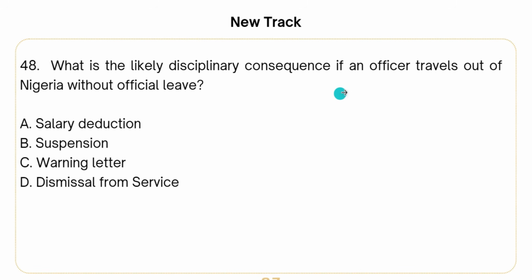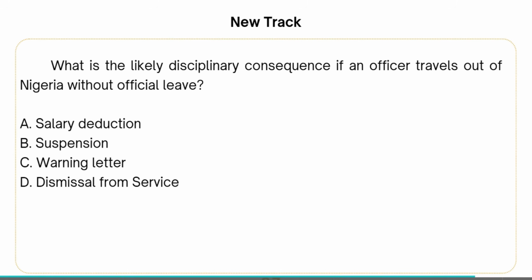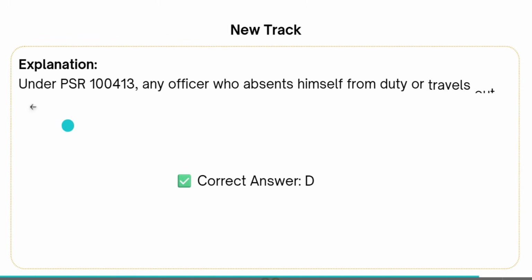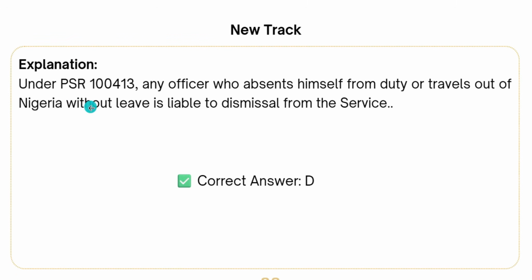The PSR rule, chapter 10, section 4, paragraph 13 says that any officer who absents himself from duty or travels out of the country without leave is liable to dismissal from the service.